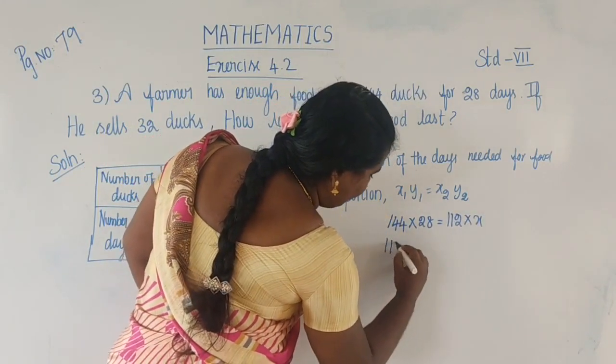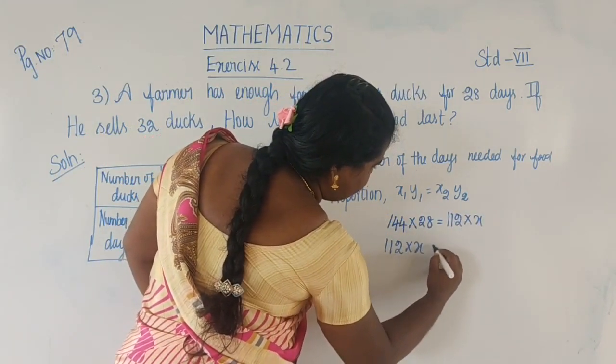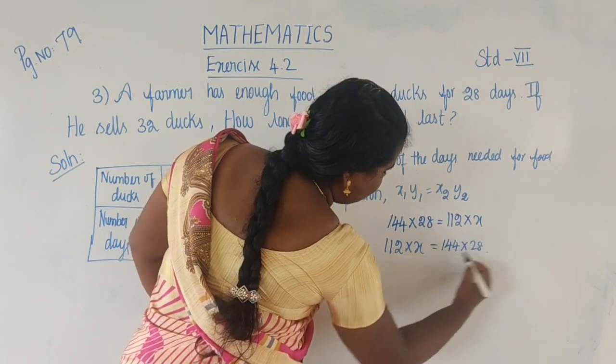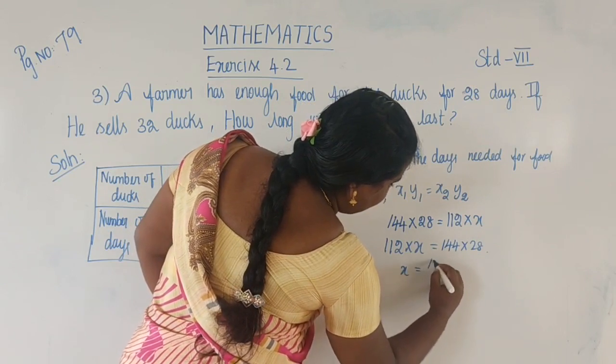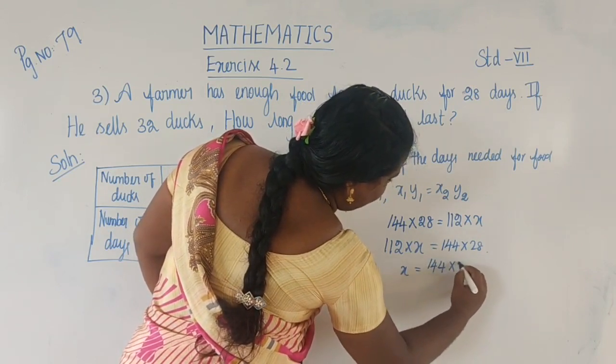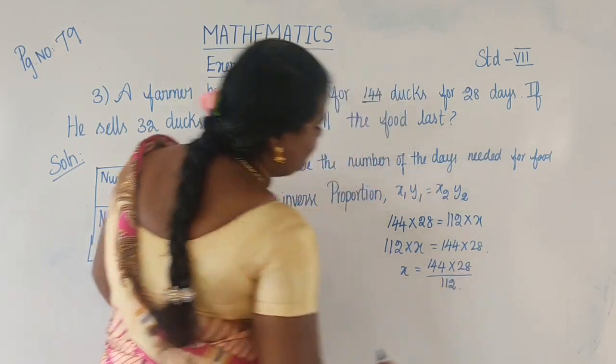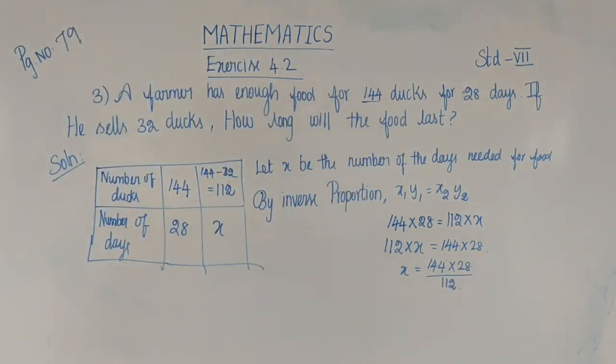So 112 multiplied x equal to 144 multiplied 28. So x equal to 144 multiplied 28 divided by 112.